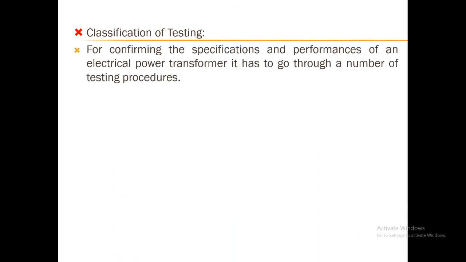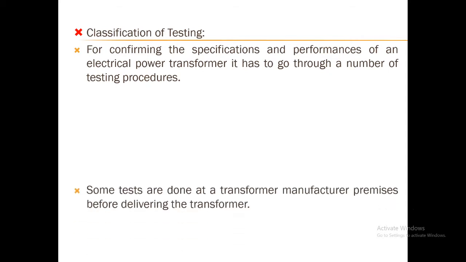So the classification of testing, generally to confirm why the testing is performed in the high voltage laboratory. For confirming the specification and performance of an electrical power transformer, it has to go through a number of testing procedures.